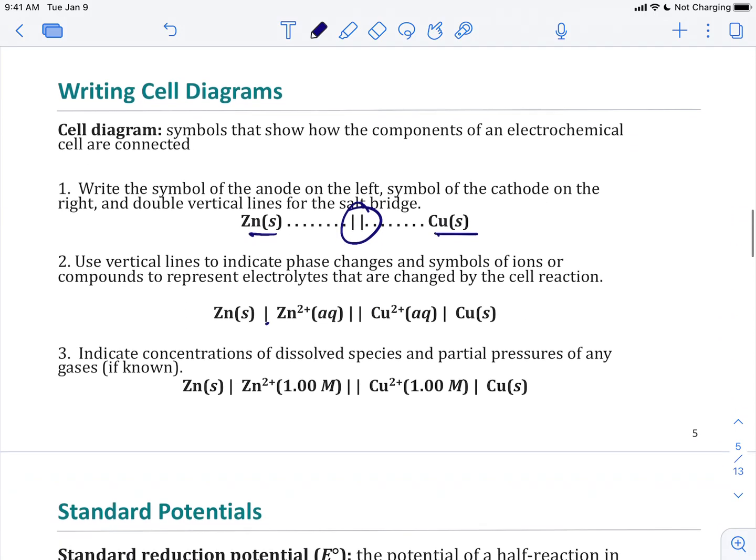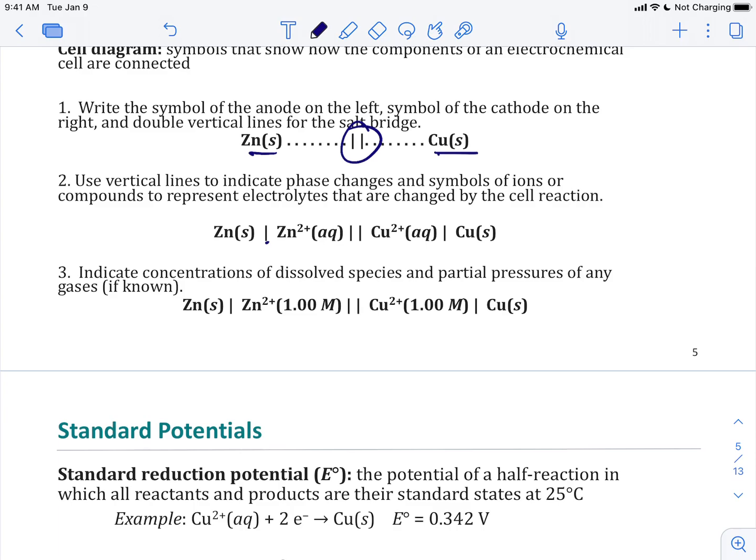So that's what that represents. And if you do have certain concentrations, you'll write them in parentheses. But it's showing you how the actual reaction is happening. That's why you write this. Zinc's going to zinc 2 positive, and copper 2 positive is going to copper solid. So that's the way you write it. Oxidation on the left, reduction on the right, with the actual species in the direction they're going.